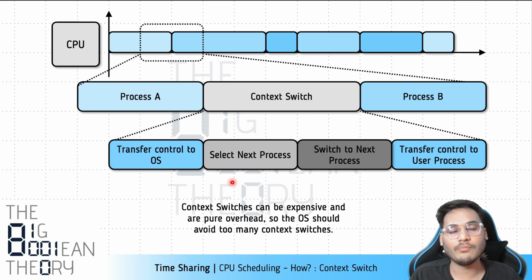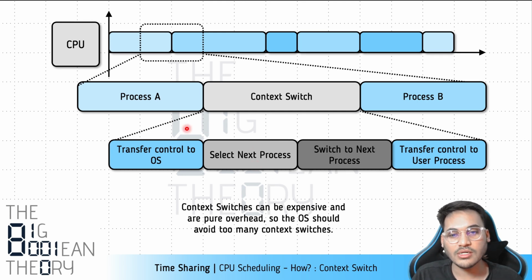So guys, this was it for this video. Now we have completely understood the mechanism of how CPU scheduling is done, right? Of the four questions that we wanted to answer, the how part has been answered. That is, what is the mechanism which allows you to switch from one process to another. We covered different steps here, except for this box, that is selecting the next process. This we will cover in detail when we talk about scheduling policies in the next topic.